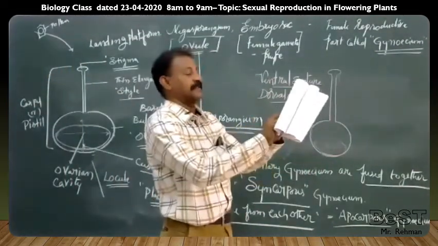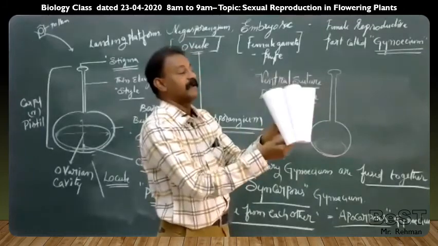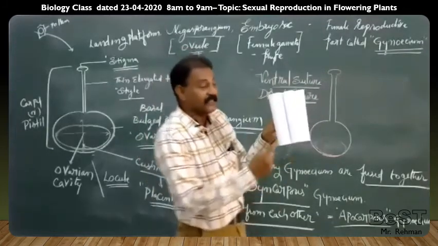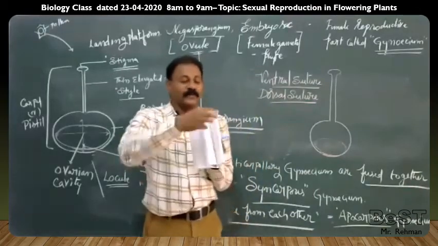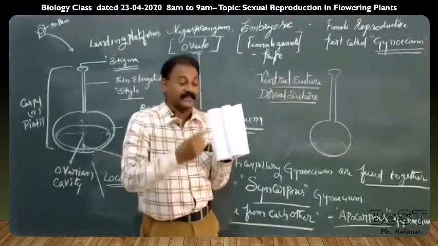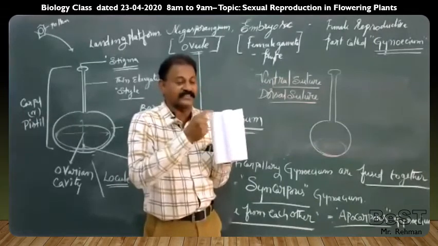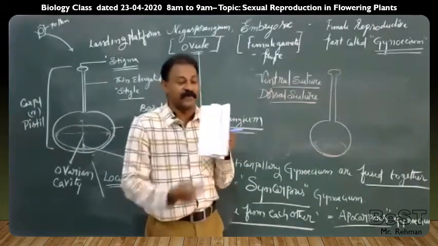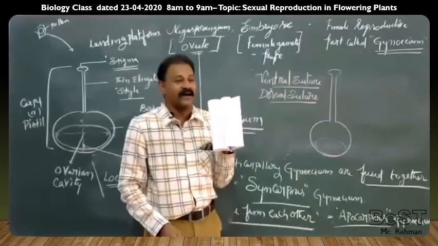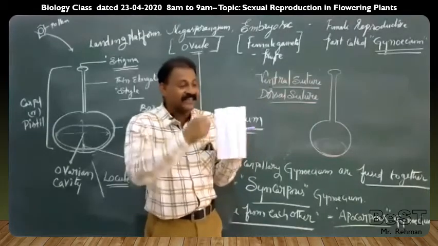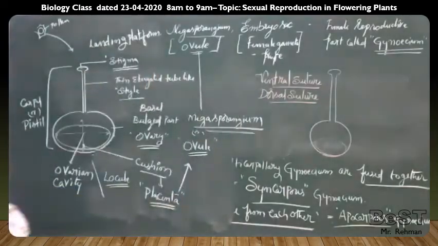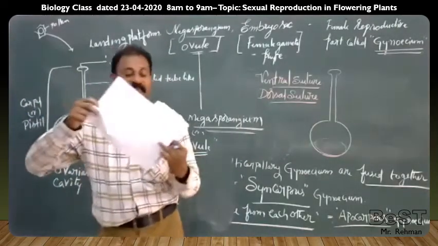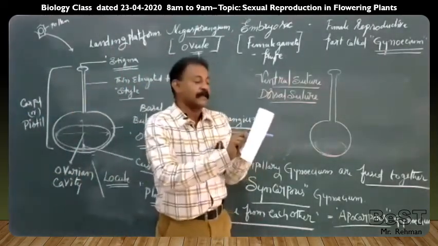Another carpel joined together. How many carpels are here? 3 carpels are here. 1, 2, 3. Each and every carpel has its own ovary, style and stigma. But all these 3 are united in such a way that they appear like a single carpel.